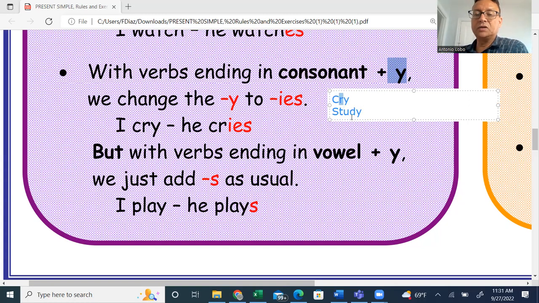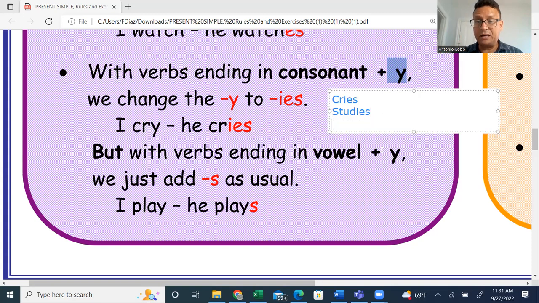Consonant Y. In this case, I remove the Y and I add I-E-S. I cry, she cries. Okay? Study. I study, she studies.